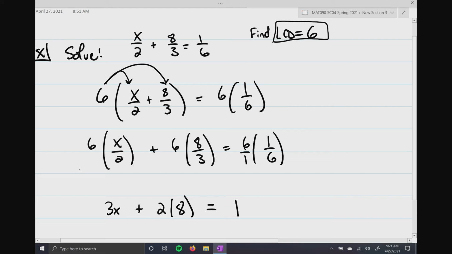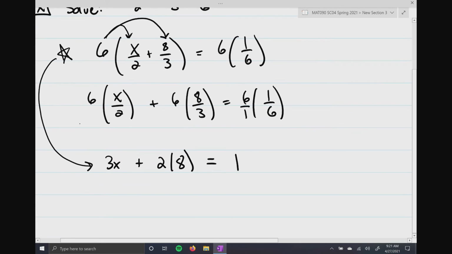So from this step down to here, I've successfully, and with one number, removed all my denominators. I got rid of all of them. Now the problem looks like something out of chapter 3. 3 times x plus 2 times 8 equals 1. We know 2 times 8 is 16, which equals 1.